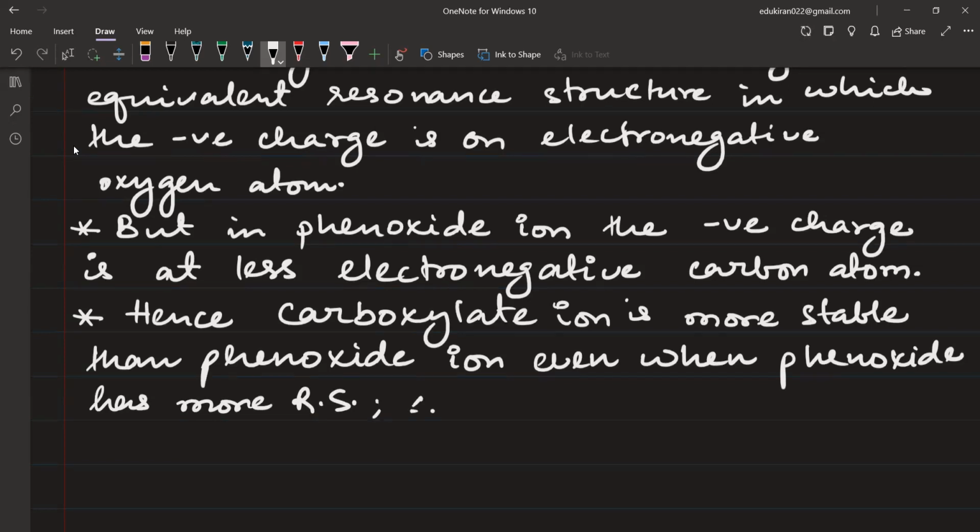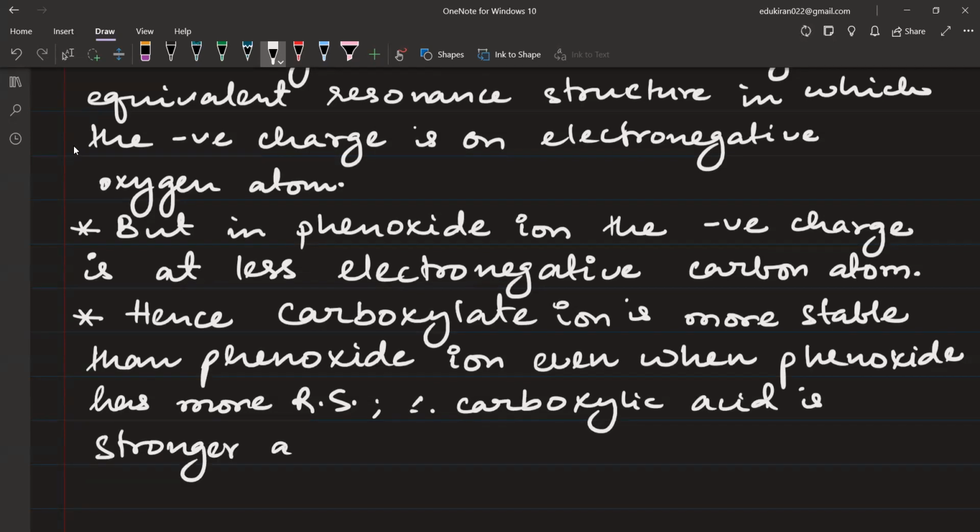Therefore, carboxylic acid is stronger acid than phenol.